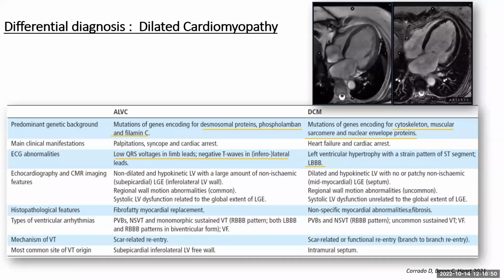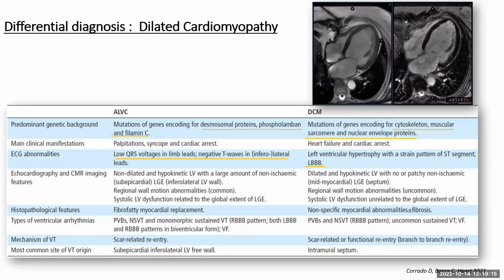We have seen the distinct and overlapping features of DCM with ACM. To summarize, we could say that overall DCM presents more often with a dilated and globally hypokinetic LV with no presence of LGE in more than 50% of the cases, and when it's present, there is a mid-wall but patchy LGE pattern usually involving the septum.